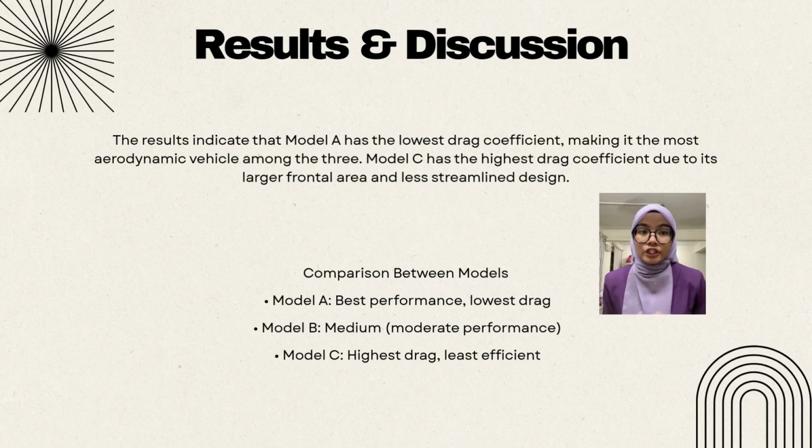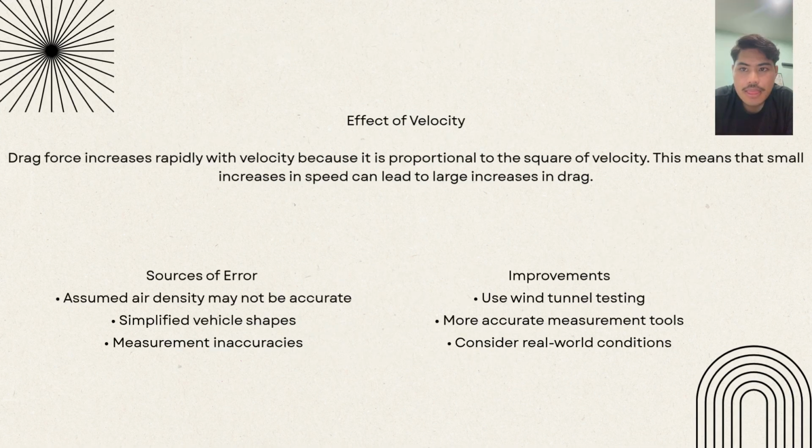Meanwhile, Model B shows a moderate drag coefficient, meaning its aerodynamic performance is average compared to Model A and Model C. Moreover, based on the comparison, Model A demonstrates the best overall aerodynamic efficiency, followed by Model B, while Model C is the least efficient due to the highest drag value.